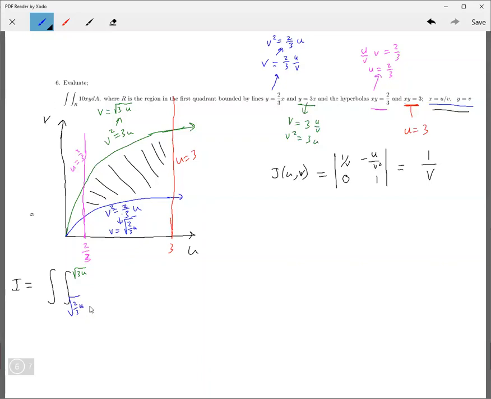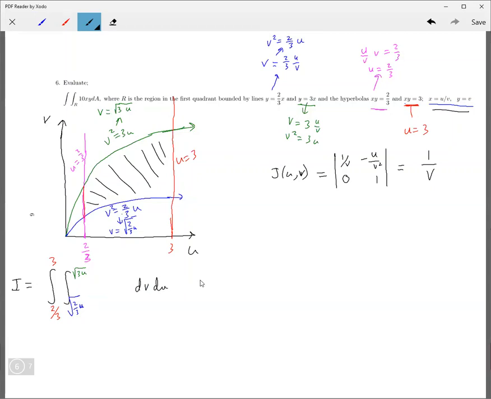The u is under the square root sign too. Then the limits on u go from this line here, 2/3, up to 3. So this is integrating in v first, and then in u.